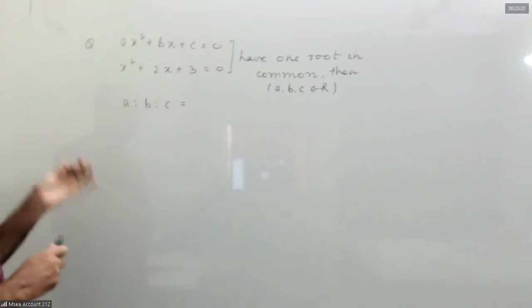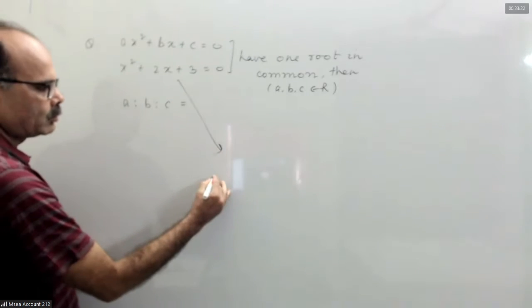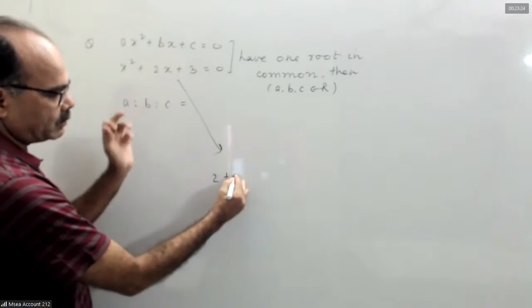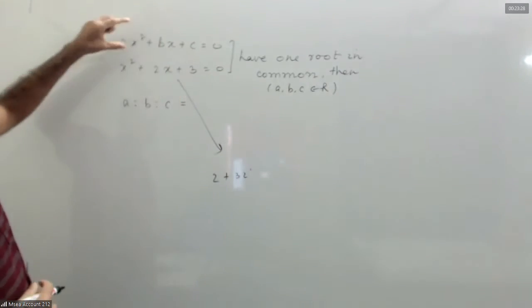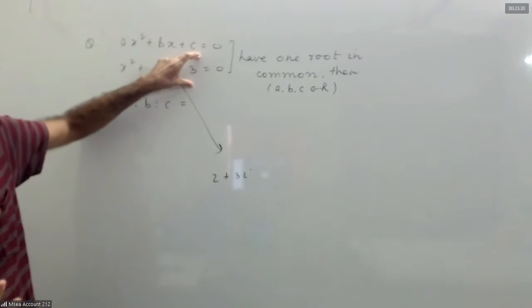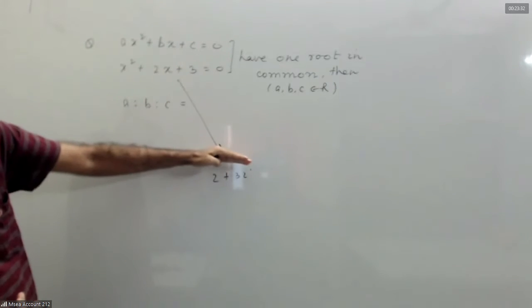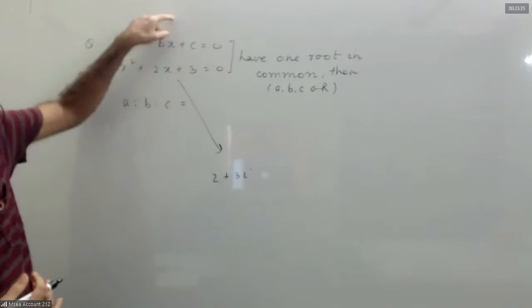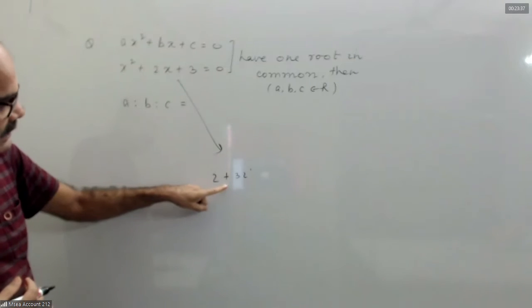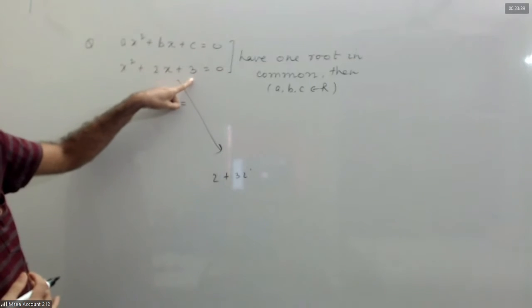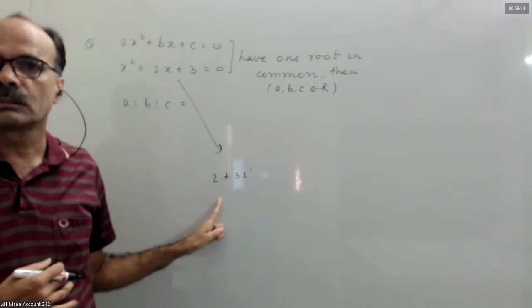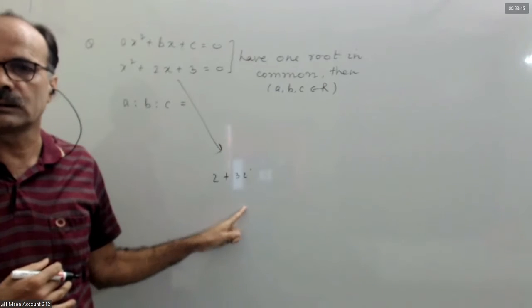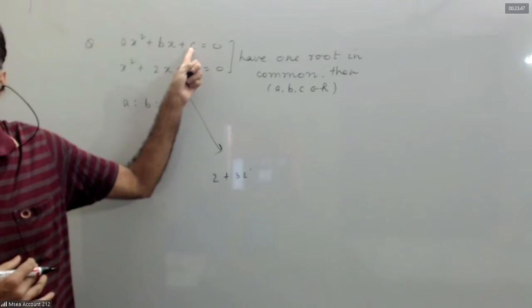Suppose 2 plus 3i is the root of this. It means both the roots are complex. Suppose this is the common root of these two. If this is one root of this equation, the other root has to be 2 minus 3i.